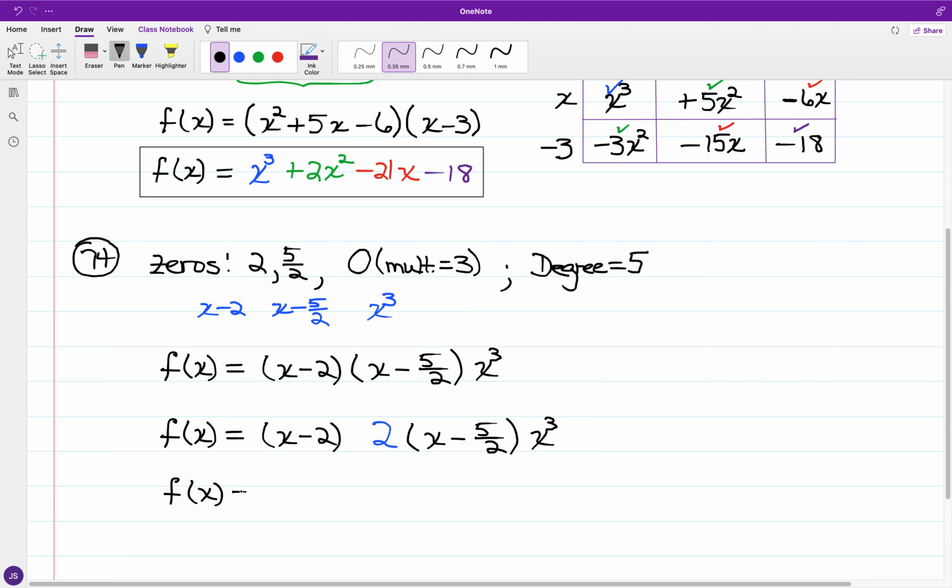Again, this approach is optional. So I've got x minus 2 and 2 times x minus 5 halves, so this will be 2x minus 5, and I have x cubed, which follows.